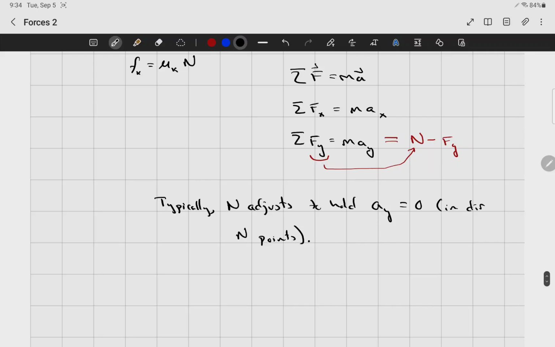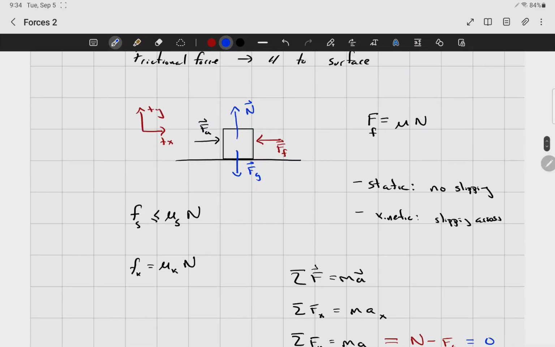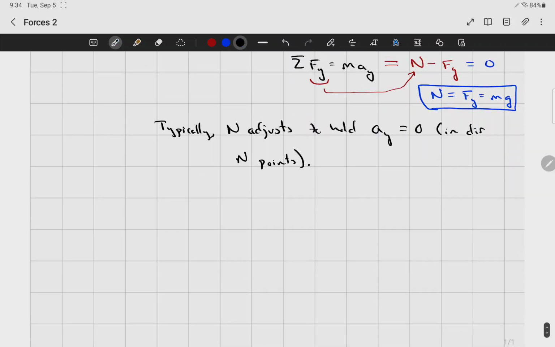And so in that case, I would say that the normal force minus the force of gravity is equal to 0, and that would allow me to say that the normal force is equal to the force of gravity, and the force of gravity is, in this case, mg. And then if this box was, say, moving to the right, then I would know that the frictional force would be the kinetic frictional force, mu kinetic times the normal force.